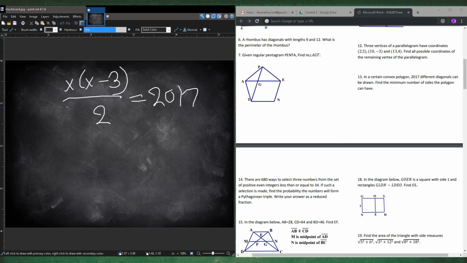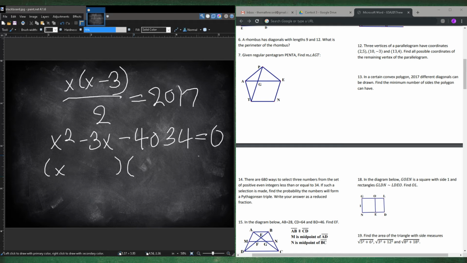So multiply by x minus 3. Let's just factor that out, which gets x squared minus 3x. That gets 2017 times 2 is 4034. So you minus 4034 equal to 0. Basically, let's just factor this out using our calculator.